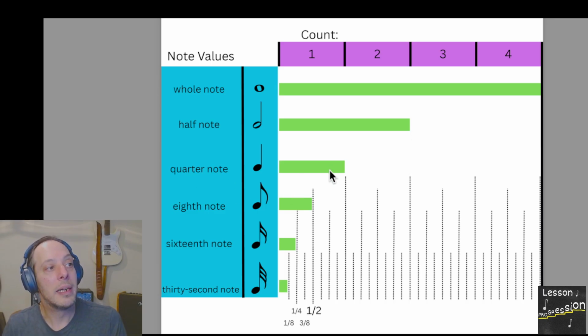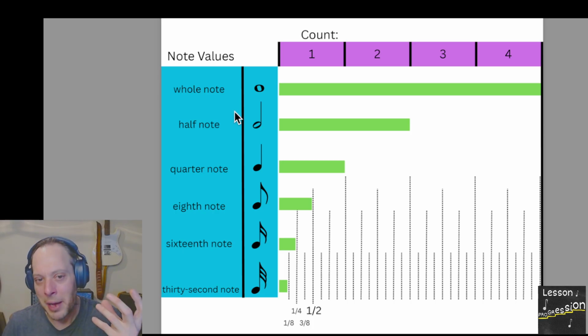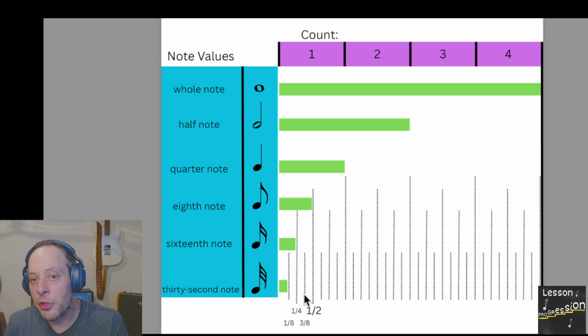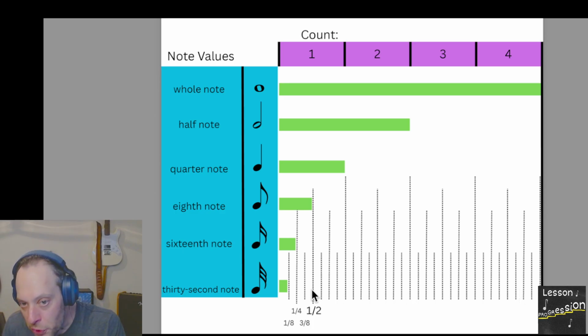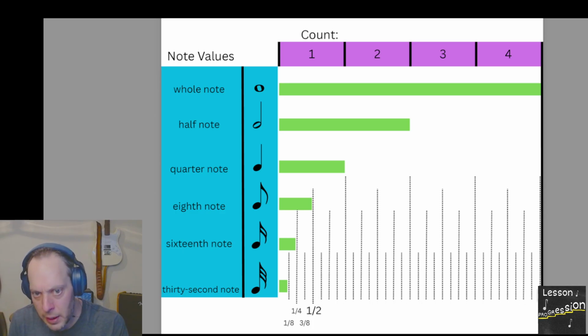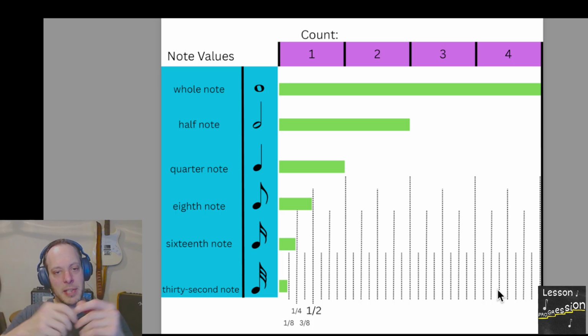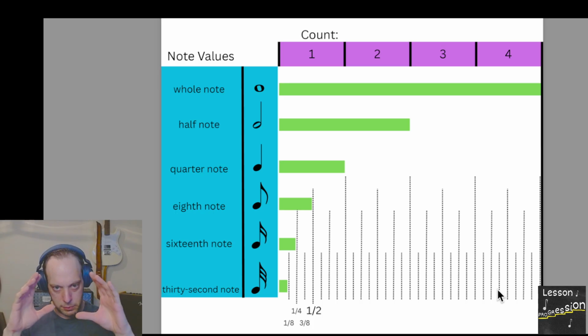The quarter note is 1/4 of this one, and on and on. So their names are mathematical in nature. They describe this. The 32nd note, as you can see, would take 32 of them to fill all this in, because there are 32 little tiny spaces in our musical grid. So you see, this tape measure just lets us see the musical grid in a whole other way, and I think it's very useful to keep that in the back of your mind.